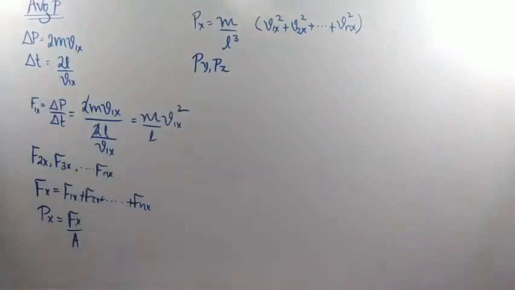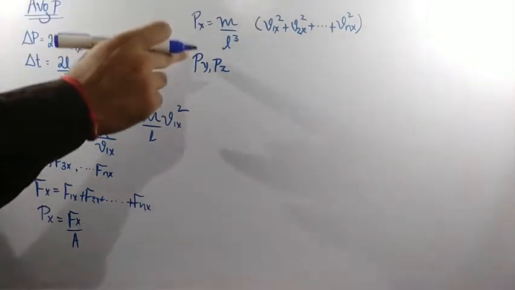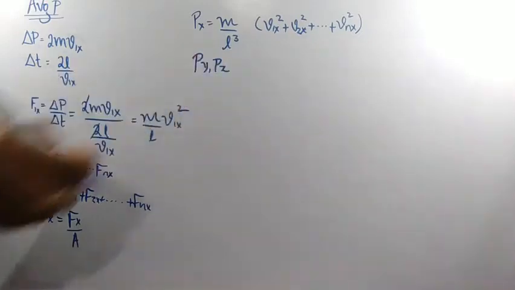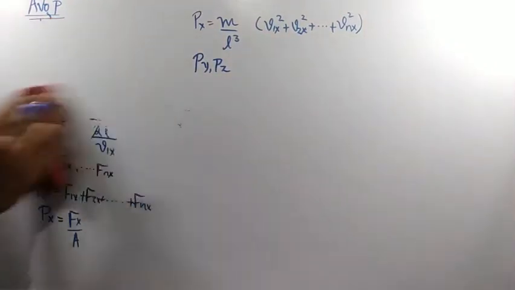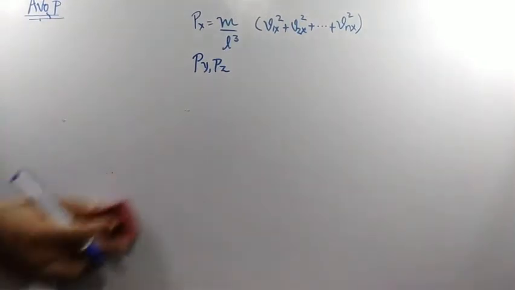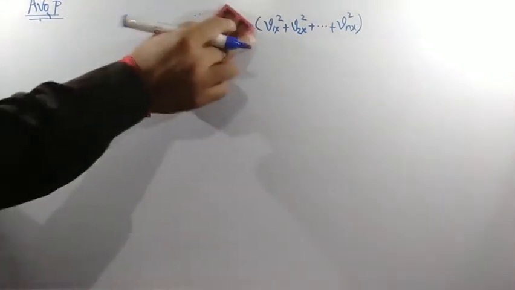Clear? Now average pressure we are calculating. Average pressure means pressure in x direction plus pressure in y plus pressure in z, whole divided by 3. So average pressure is Px plus Py plus Pz, whole divided by 3.